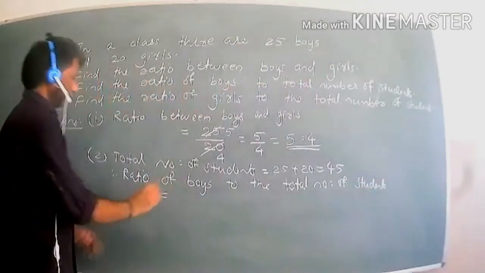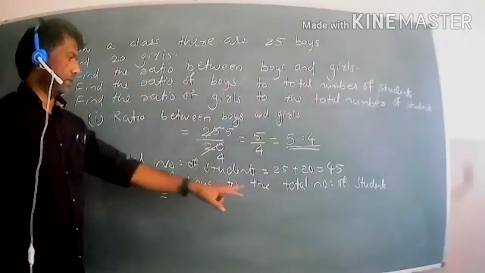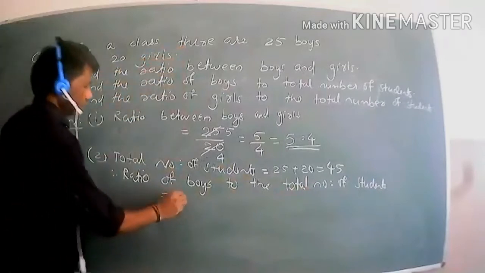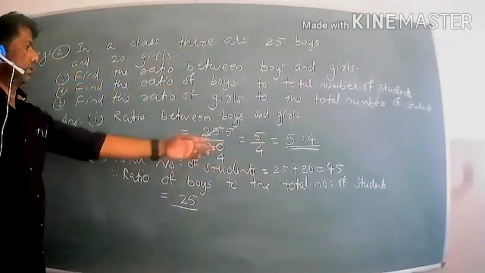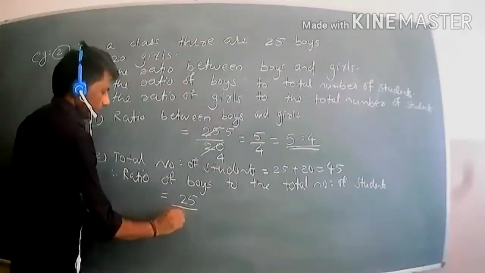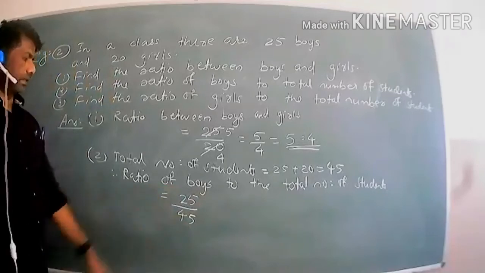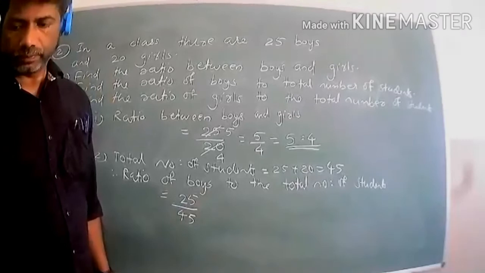So here it first asks the ratio of boys. So the number of boys should be written first. Then write the total number of students. Boys are 25. So it will be 25 divided by the total number of students. Already we have found out 45. 25 and 45 we have to divide. Cancel. By which number can we cancel 25 and 45?